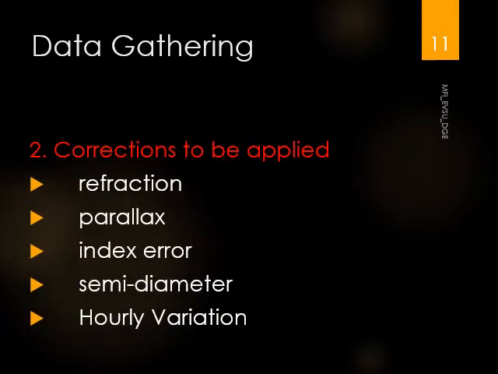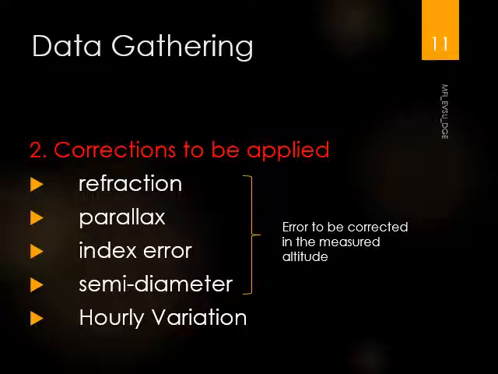So, the corrections to be applied, bakit tayo nag-a-apply ng correction? We will discuss on the next slide. Ito yung refraction, parallax, index error, semi-diameter, and the hourly variation. Yung pang-apat, we have here the refraction, parallax, index error, and semi-diameter. Ito yung correction na i-apply lang natin kay altitude. So, si altitude lang ang kailangan nating applyan ng correction sa refraction, parallax, index error, and semi-diameter.